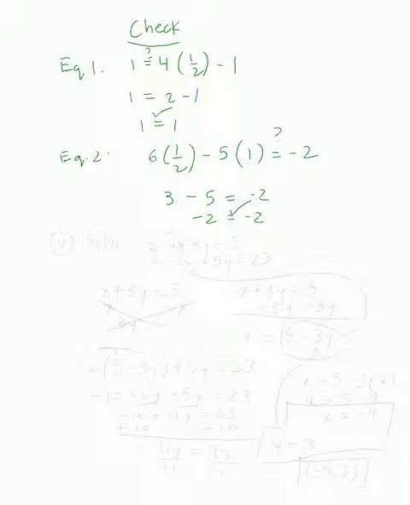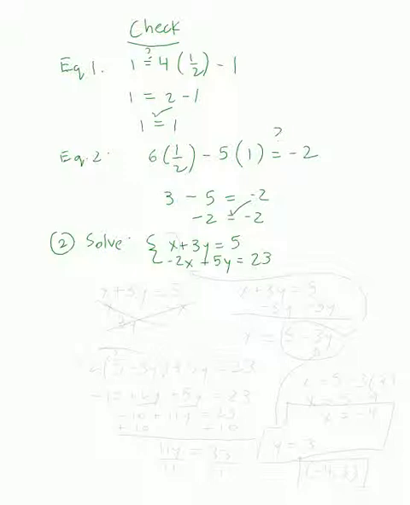Okay, let's do some more examples. So number 2. I want us to solve the following system. x plus 3y equals 5 and negative 2x plus 5y equals 23.